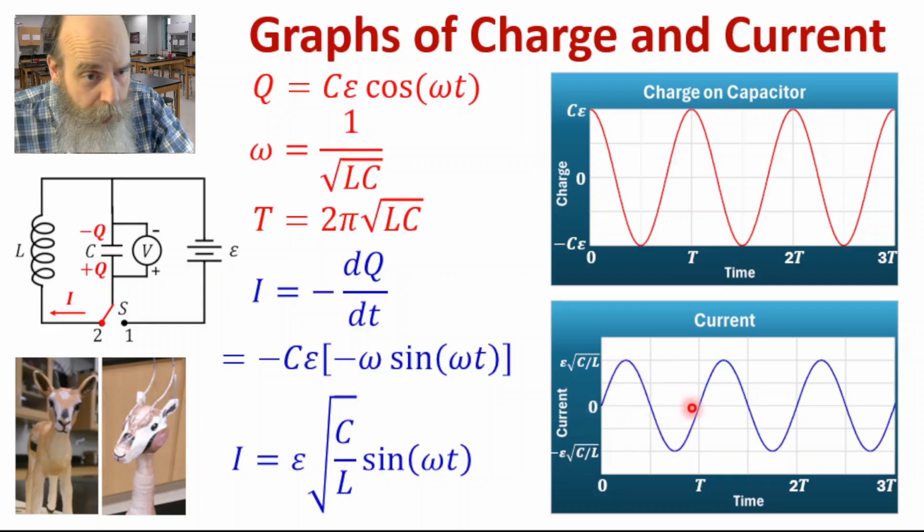From 0 to T is one period, and then T to 2T is another period, and 2T to 3T is another period. And it keeps going on. We have derived the differential equation, and we solved it for current through the circuit and charge on the capacitor as functions of time. And we saw that those two parameters oscillate with time. They are sine and cosine functions.